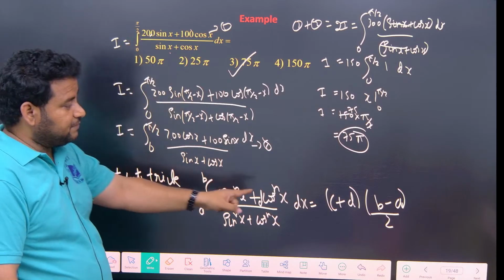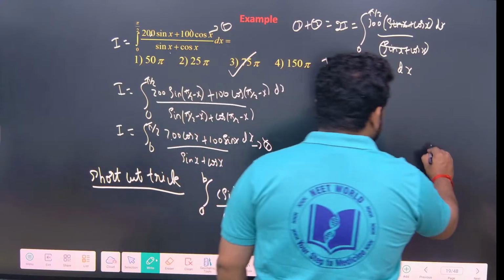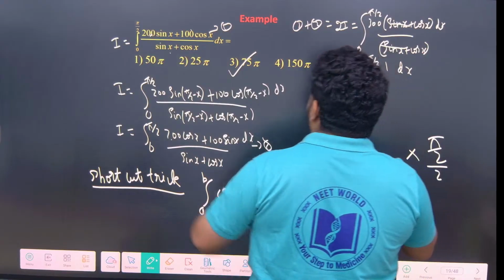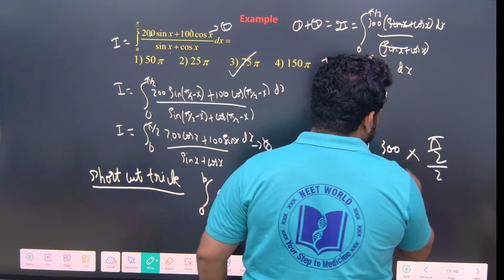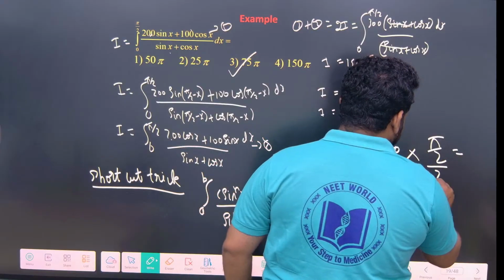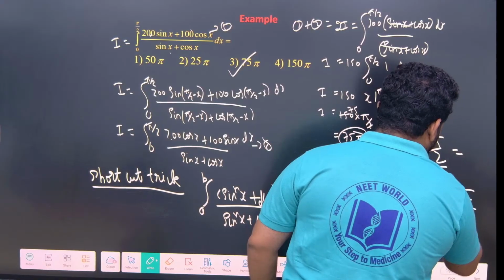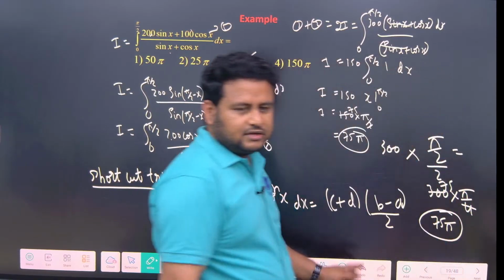So pi by 2 minus 0, by 2, into 200 plus 100 is 300. So this will become 300 into pi by 4. So 4 ones are 4, 75. We will get 75 pi directly.